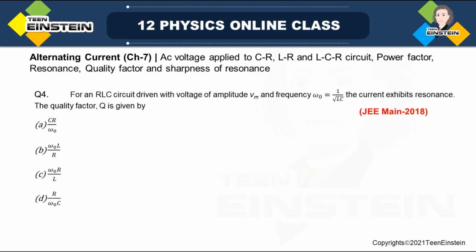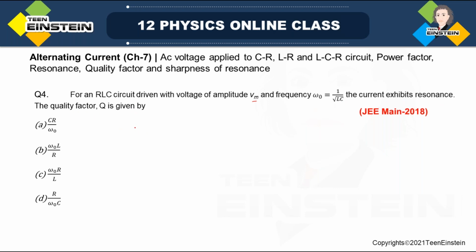The next question is that for an LCR circuit driven with voltage amplitude Vm and frequency omega equal to omega 0, this is the resonance frequency for an LCR circuit, 1 by root over L into C, exhibits resonance.